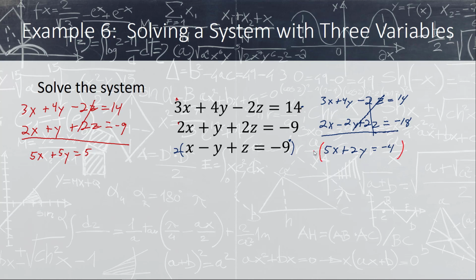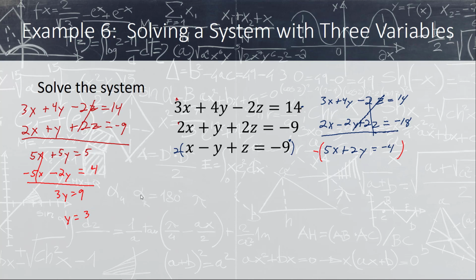So I'm going to multiply this by -1, and that will give me 5x plus 5y is equal to 5 here, and then I'm going to add -5x minus 2y is equal to +4. Adding that together, the 5x's cancel. I have 3y is equal to 9. y must be equal to 3.